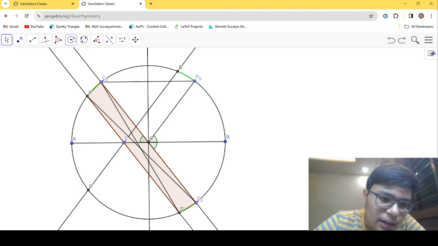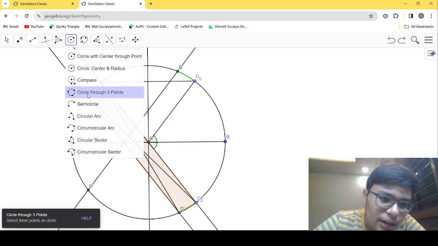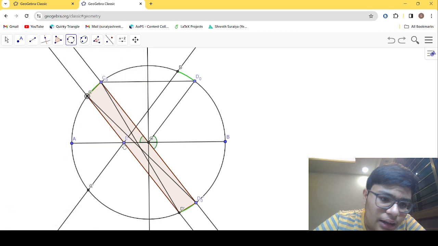So the points C, E, O, D are actually cyclic. And this proves part B of the question, that the circumcircle of triangle CED passes through a fixed point, which is the center. So that basically proves the question.